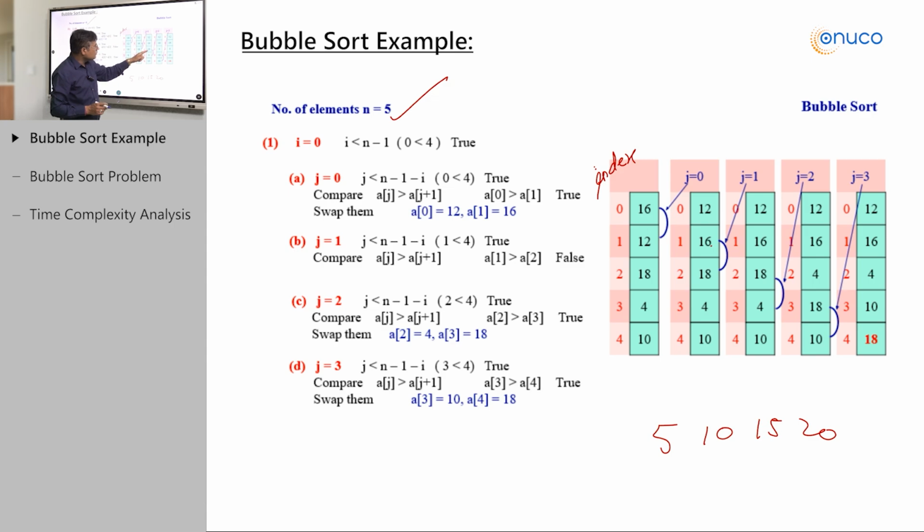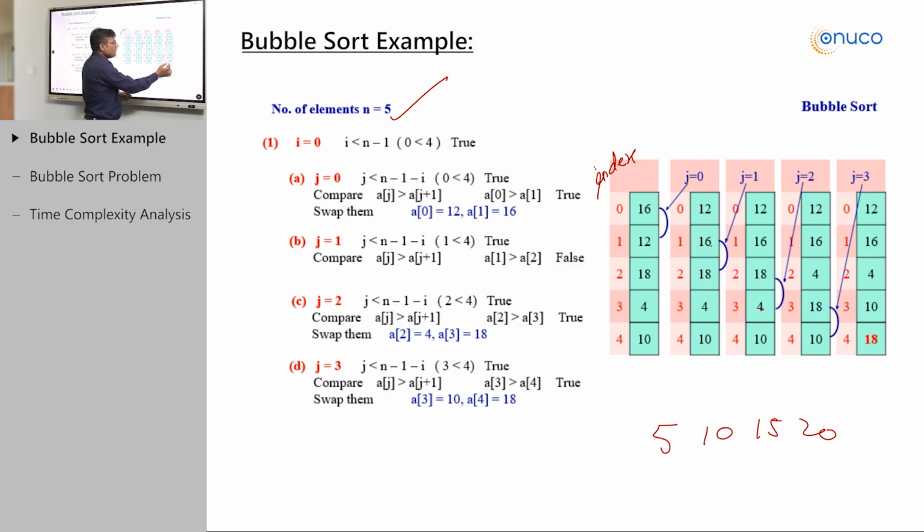Then next we compare 18 and 4. Here you can see that 18 is greater than 4, so 4 has to go to the previous place and 18 has to go to the next position. So we have swapped 4 and 18. Similarly, now we compare 18 and 10. 18 is greater than 10, so we swap it.